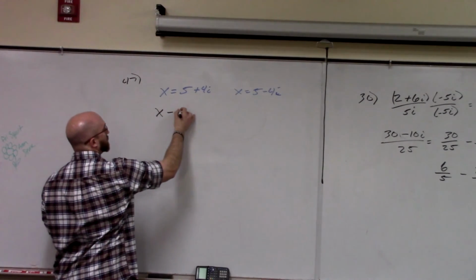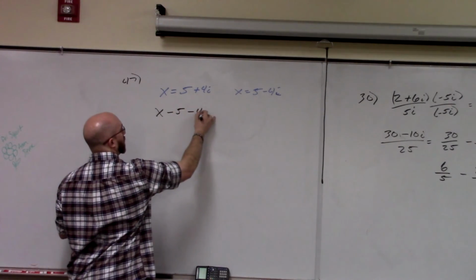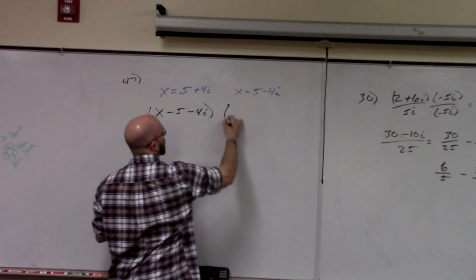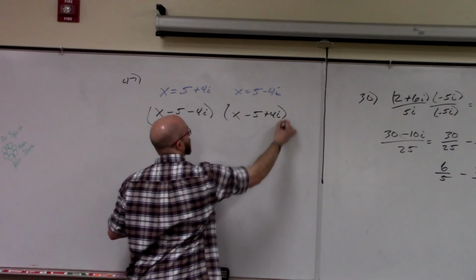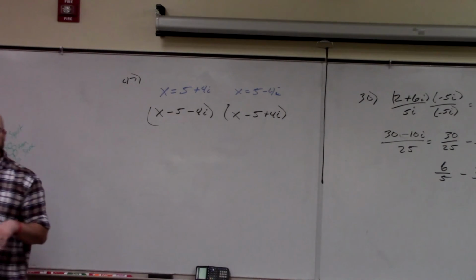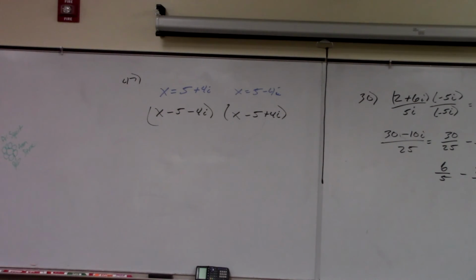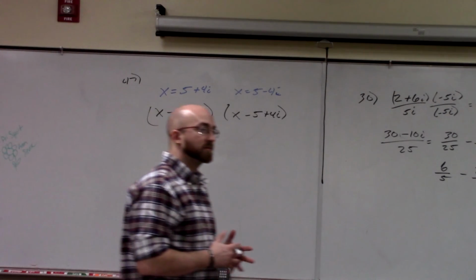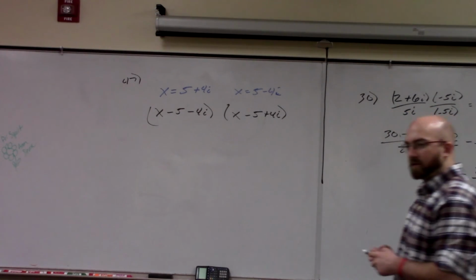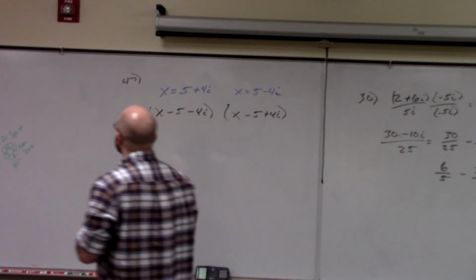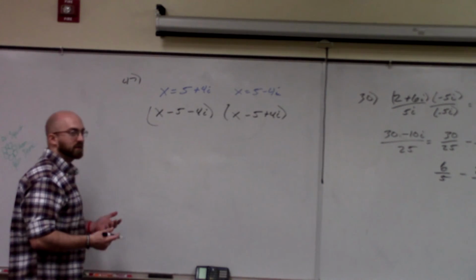So x minus 5 minus 4i, and x minus 5 plus 4i. Everyone understand that? From here you have to FOIL. It's really not that bad. Do you do this every single time? You could, but there's another way to do it.